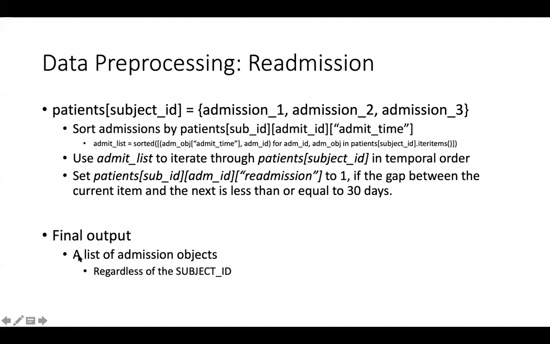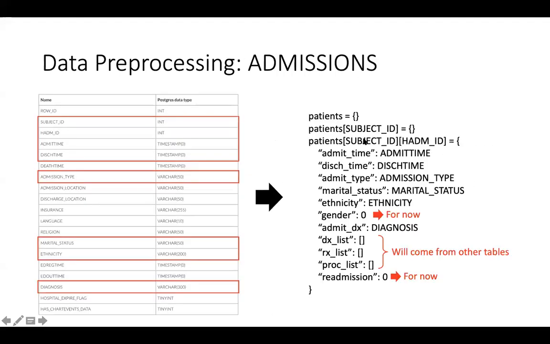Then the final output would be a list of admission objects. So admission objects being the inner, or the second inner dictionary.